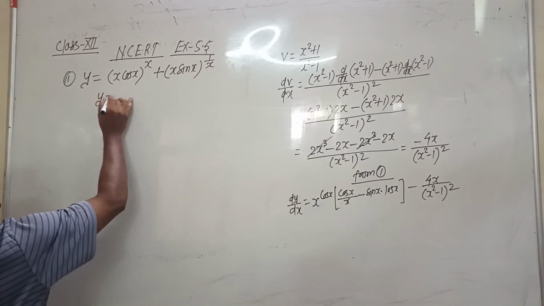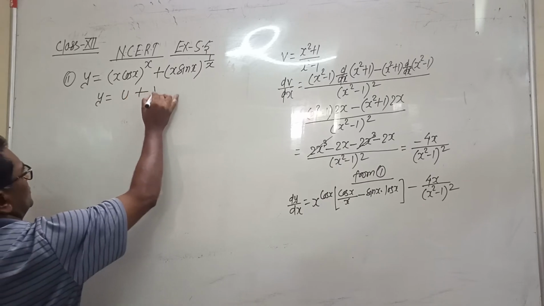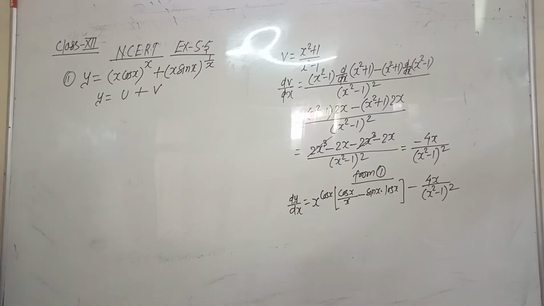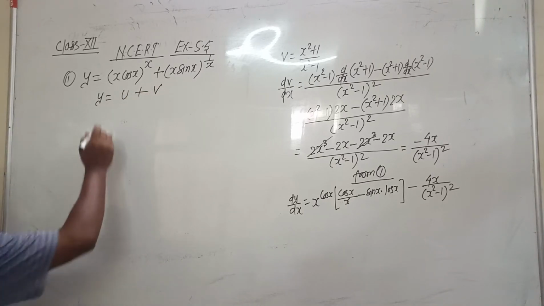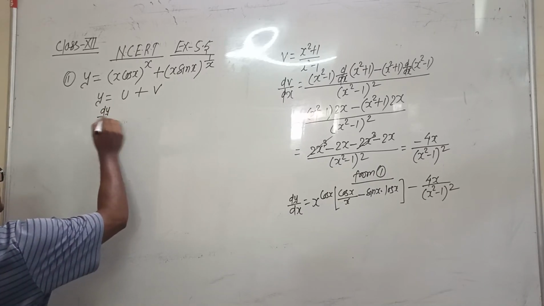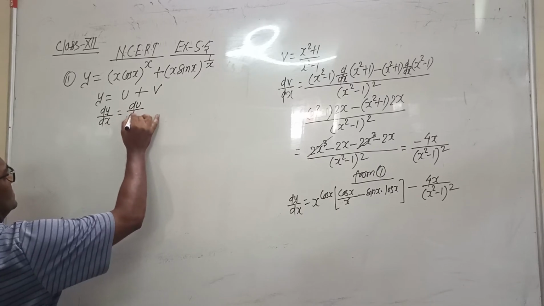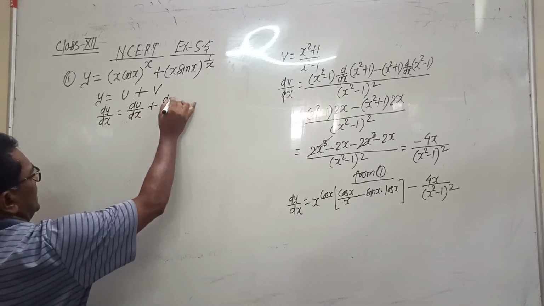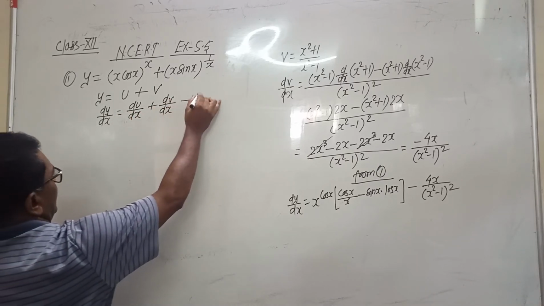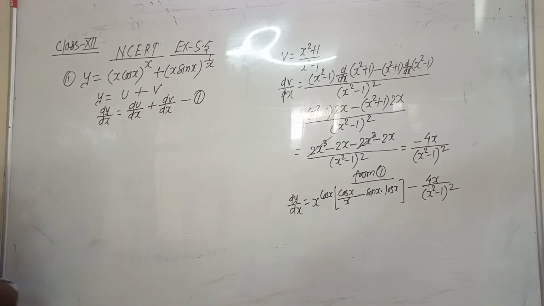So let y equal u plus v and differentiate with respect to x. dy by dx equals du by dx plus dv by dx. Name it equation number 1.